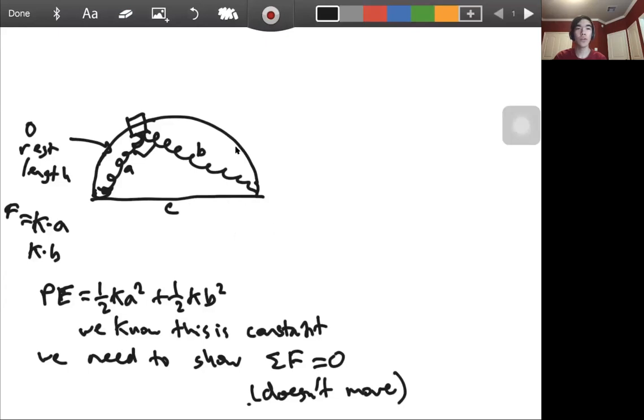To do this, we're going to have to go back to the very beginning, where I talked about forces as vectors and adding up the vectors.